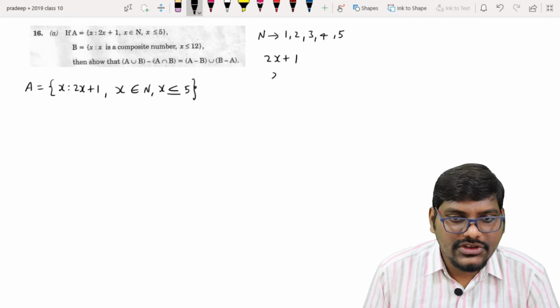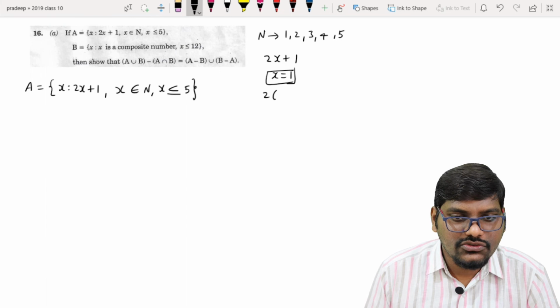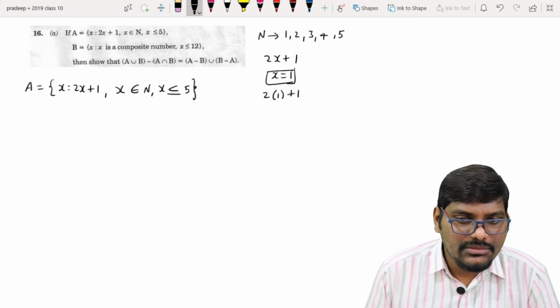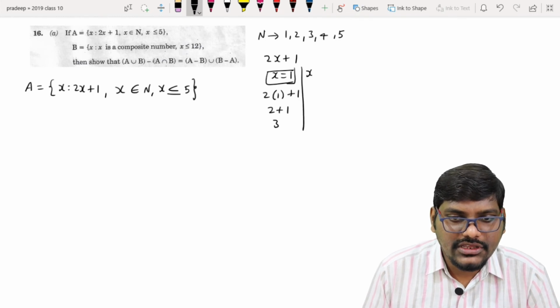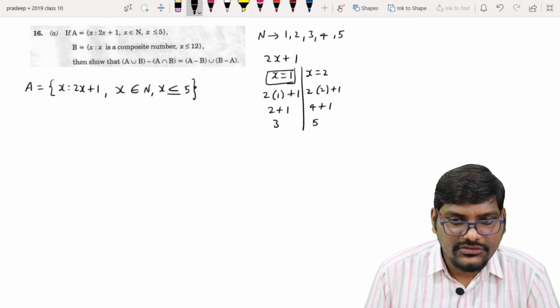So I'll take x equal to 1 first and substitute in the above condition. In place of x I substitute 1, so I get 2 plus 1, which is 3. Now x equal to 2: 2 twos are 4, plus 1 is 5.